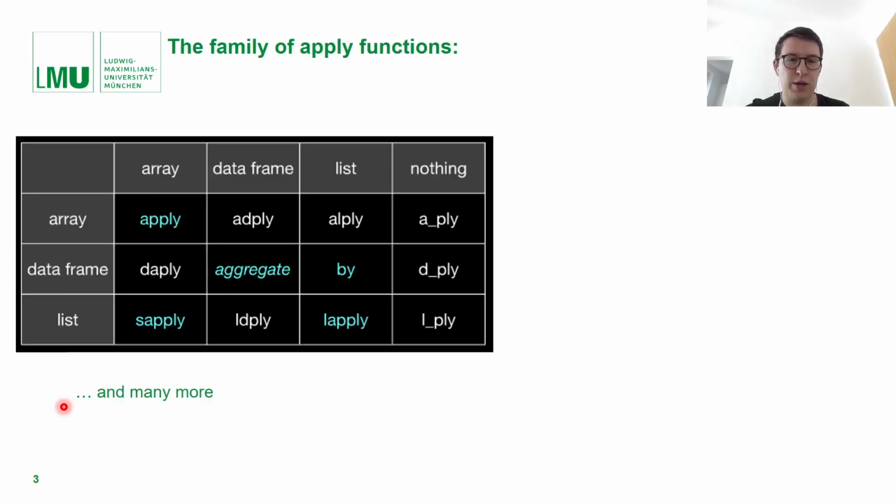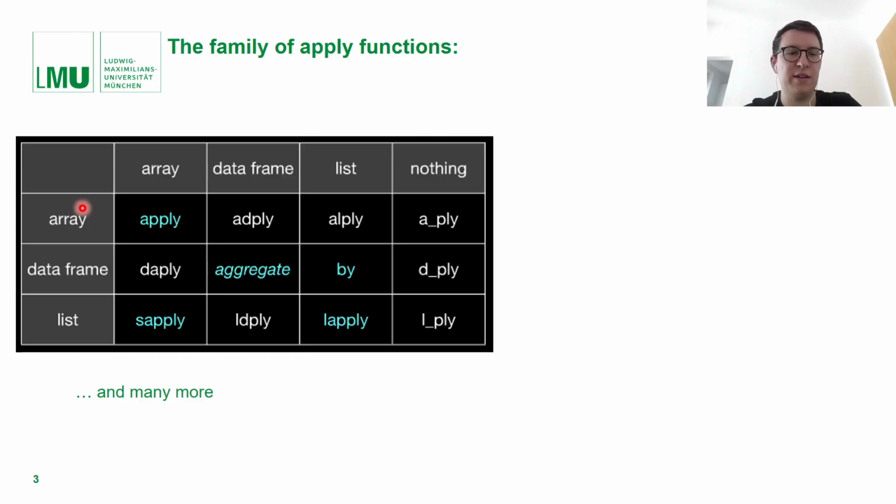That's why we have the family of apply functions. And here are just some examples. There are even many more and many more specifications. We have some functions here, like let's say the lapply function. Here you can see what the input should be and what the output should be.